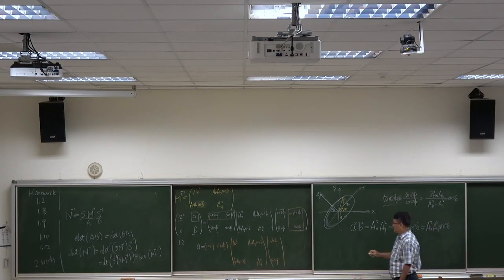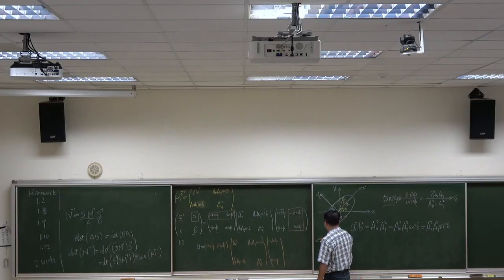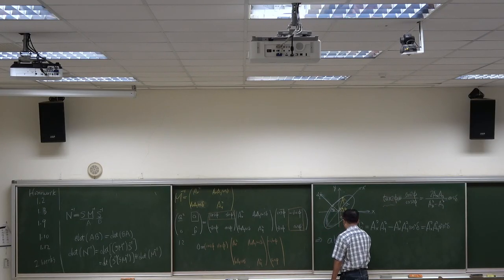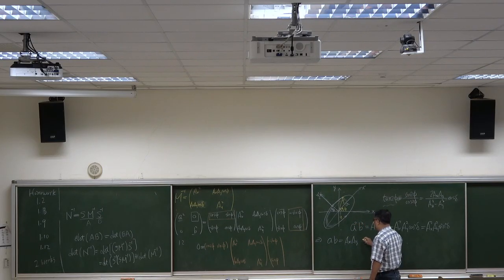Okay. So this means that a times b is equal to ax, ay times absolute value of sine delta. Okay.